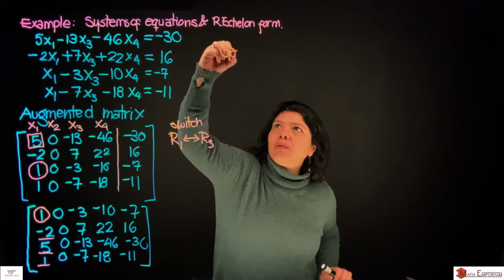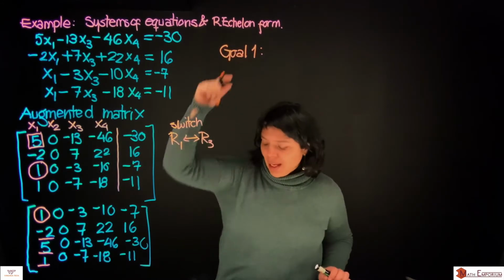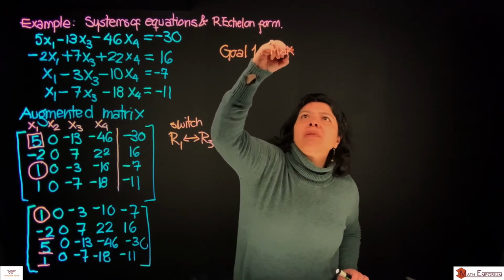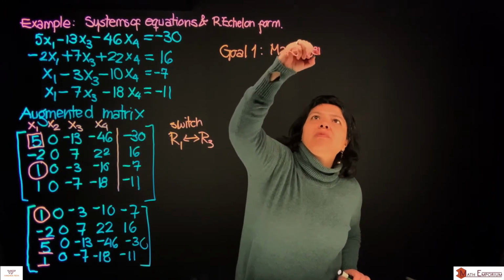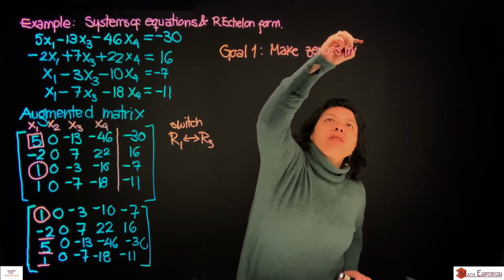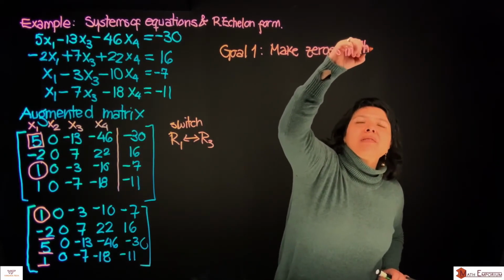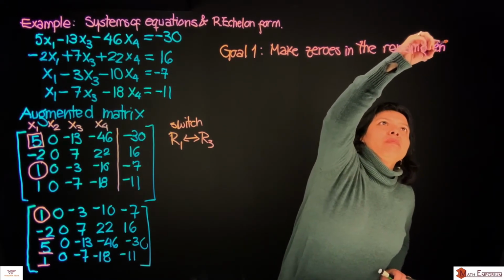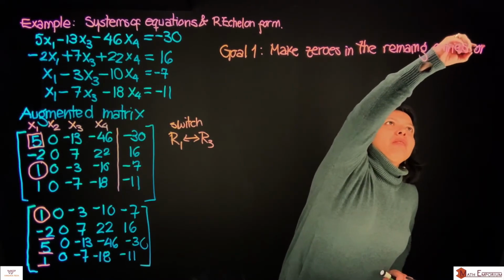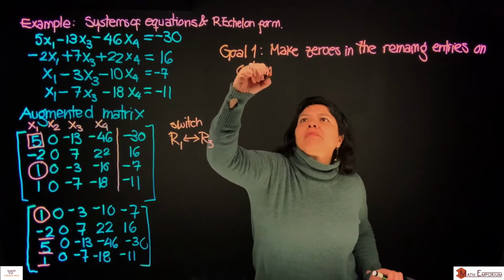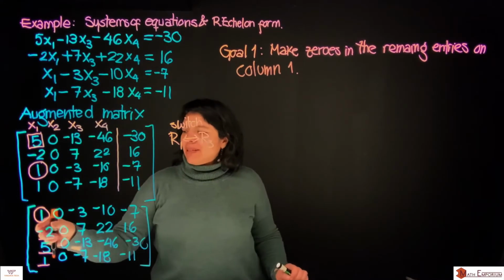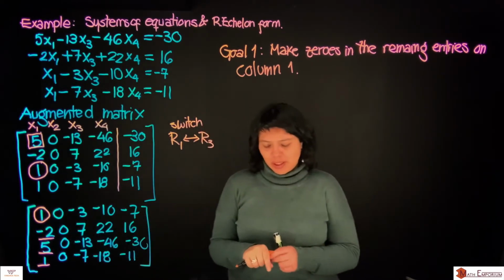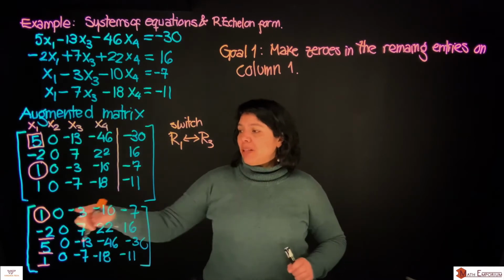My first goal is to make, or transform, zeros in the first column, in the remaining entries on column 1. By remaining entries, I mean the ones that are not the one that I want to keep. And this is going to be done by using this one.